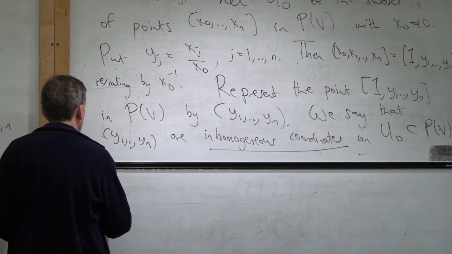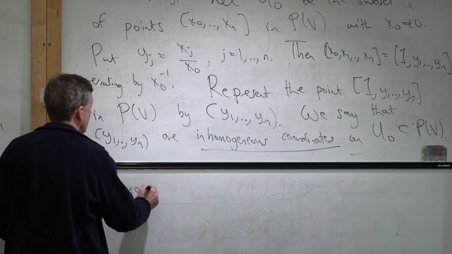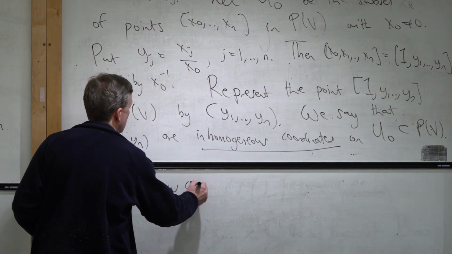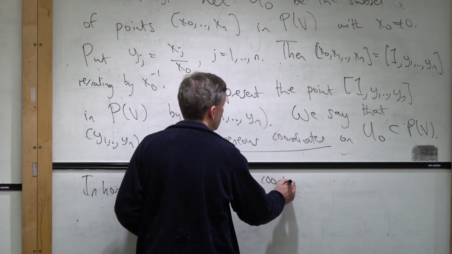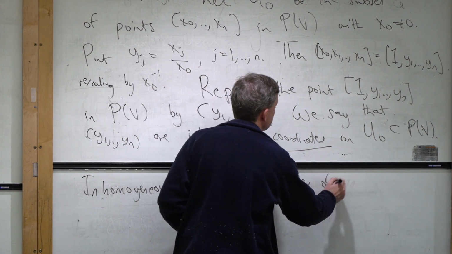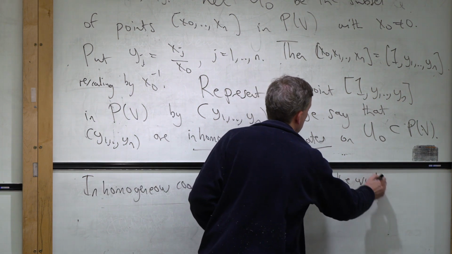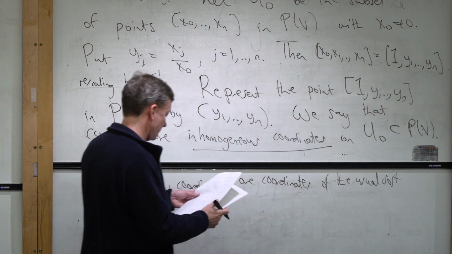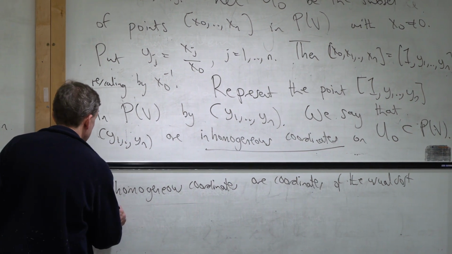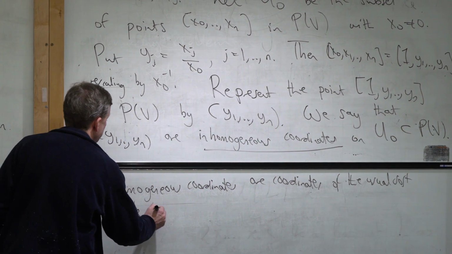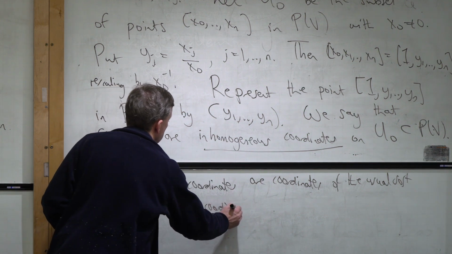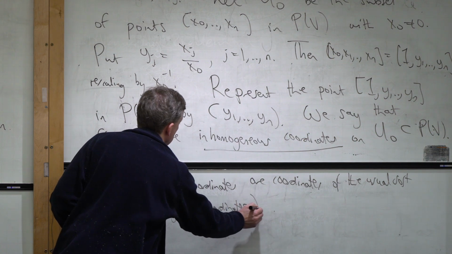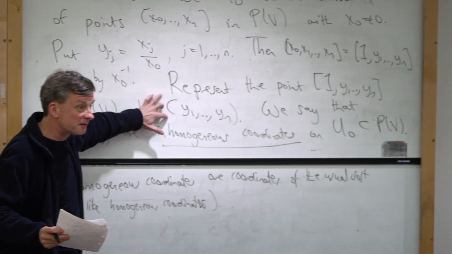So inhomogeneous coordinates are coordinates of the usual sort. So not like homogeneous coordinates. And by the usual sort, I mean, well, each n-tuple of numbers determines a unique point.